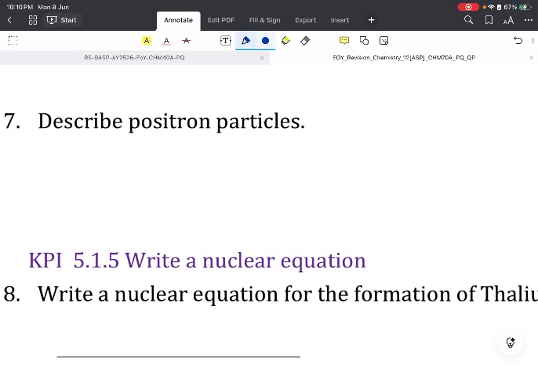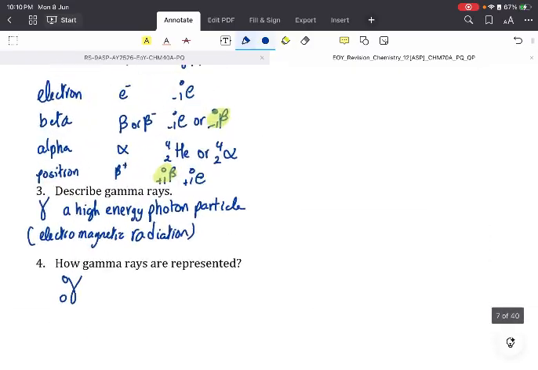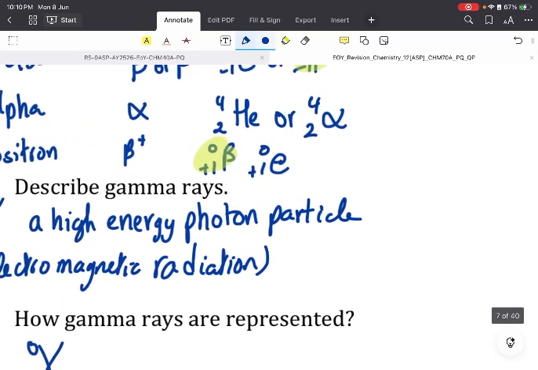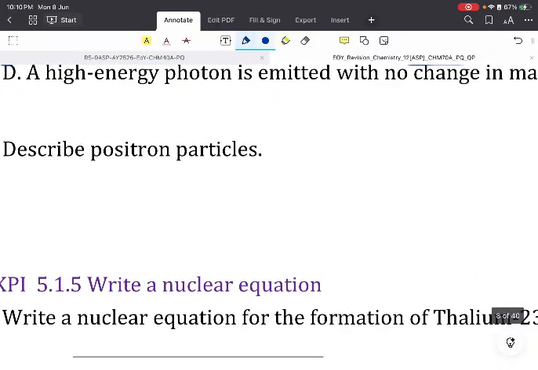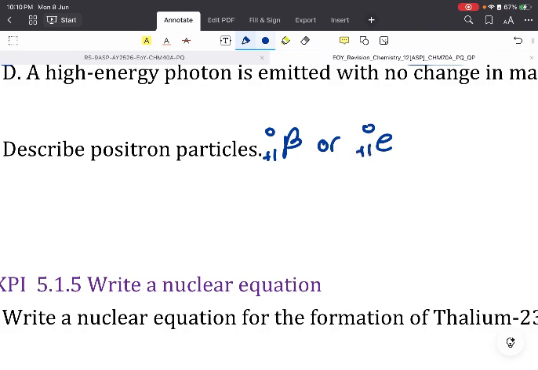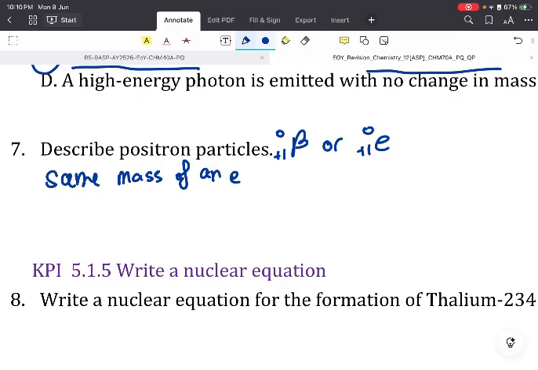Now describe the positron particle. As I mentioned, the positron is beta plus, or e 0 plus 1. So I'm gonna write the symbol. Okay, so this is the representation of positron particle, and it has the same mass of an electron.